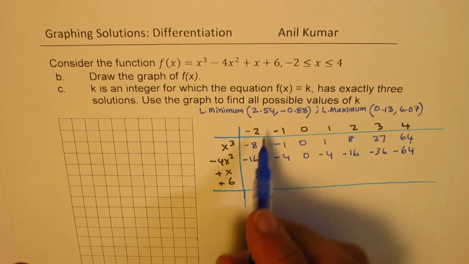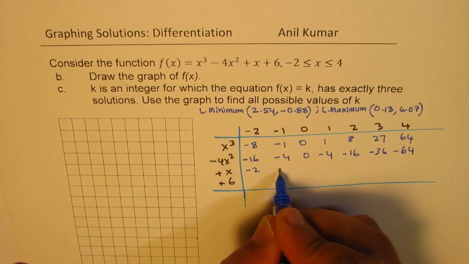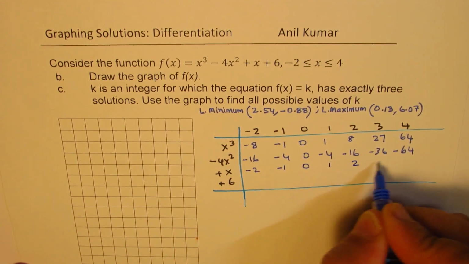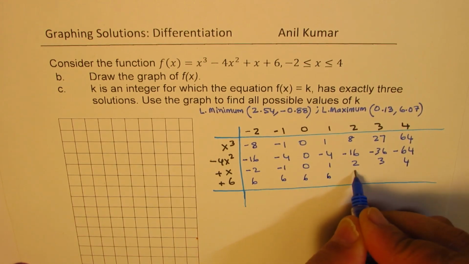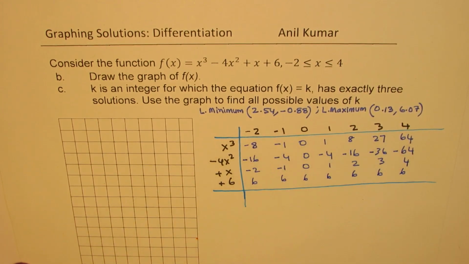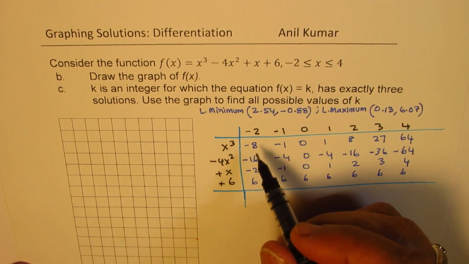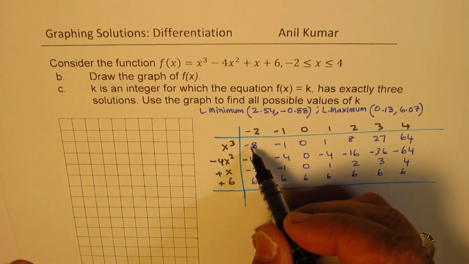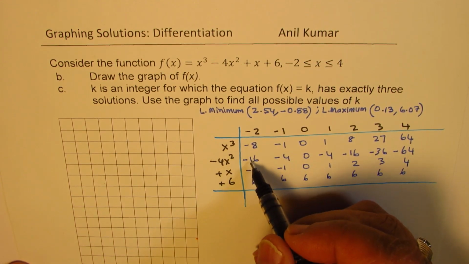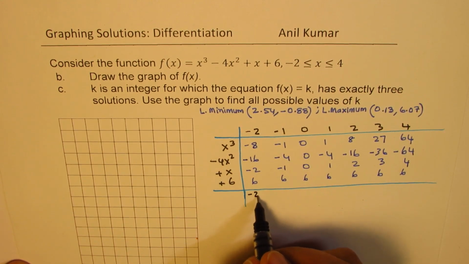Good. The x values, we'll write these values, which is minus 2, minus 1, 0, 1, 2, 3, and 4. Add 6. Do all this to get your points, correct? So all these negative values, so minus 10, and that is minus 20.